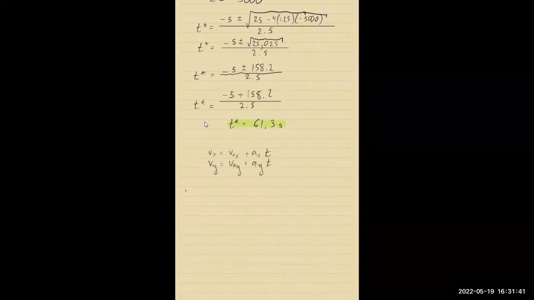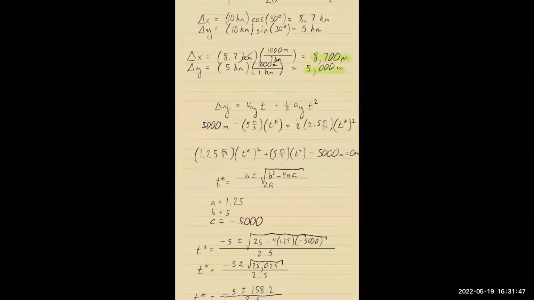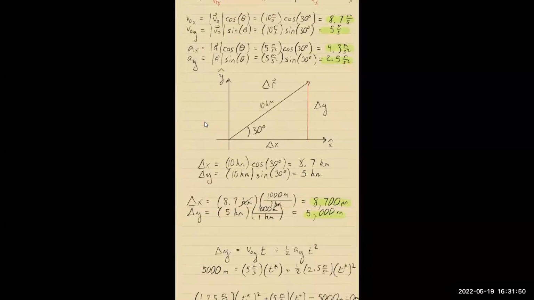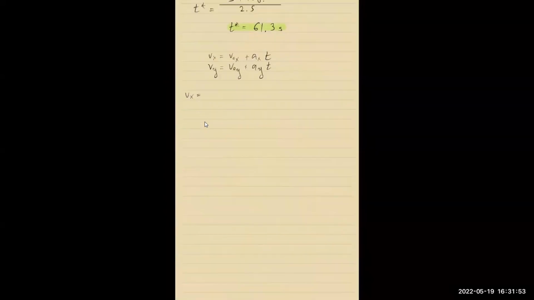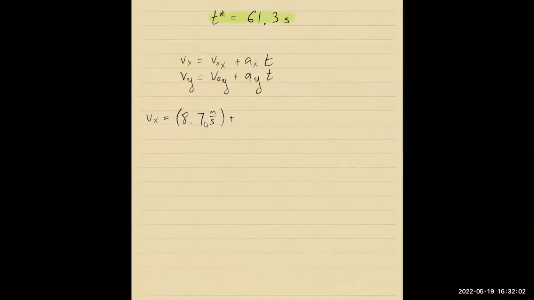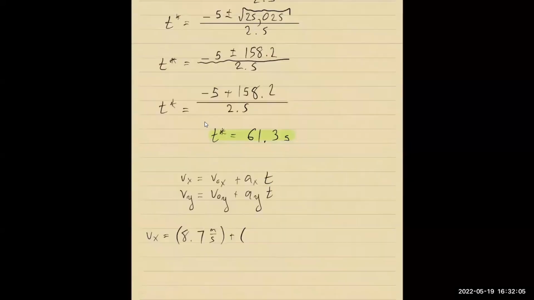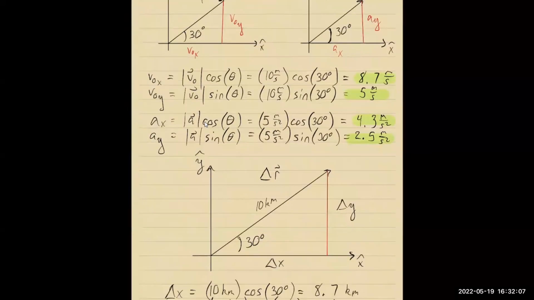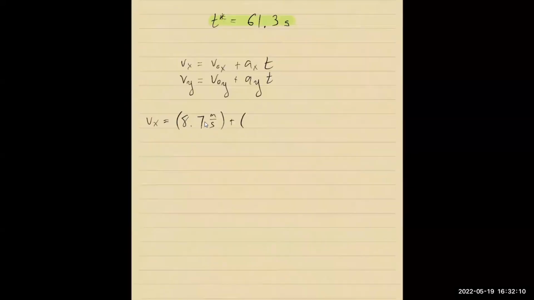So we have the x component of our final velocity vector is equal to our initial velocity vector's x component, which, it's been a while, is roughly 8.7 meters per second, plus our acceleration in the x direction, which is about 4.3 meters per second squared, times how long it takes us to drive that 10 kilometers, which we just found to be 61.3 seconds.